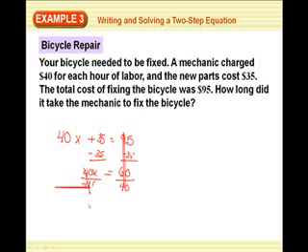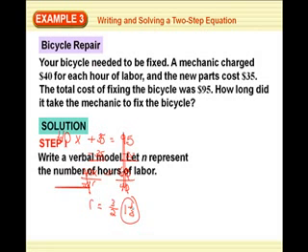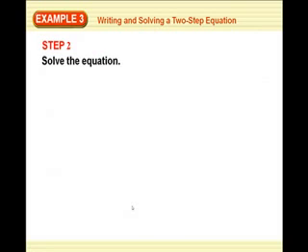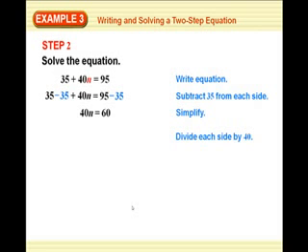Those cancel out. x equals, we can take the 0 off, 6/4 is 3/2, 1.5 hours to fix that bicycle. There's the verbal model. Same thing, we wrote the same equation. We just had the 40 and the 35 written differently, but we came up with the same answers. Divide it out.